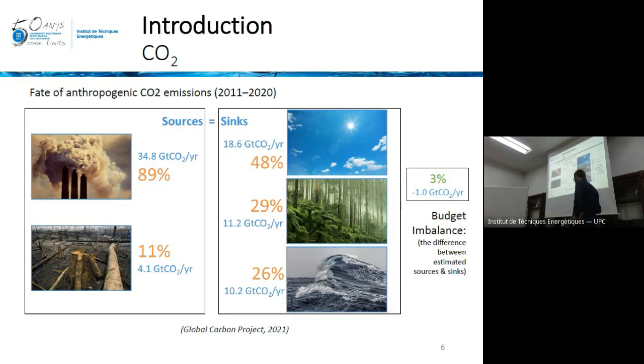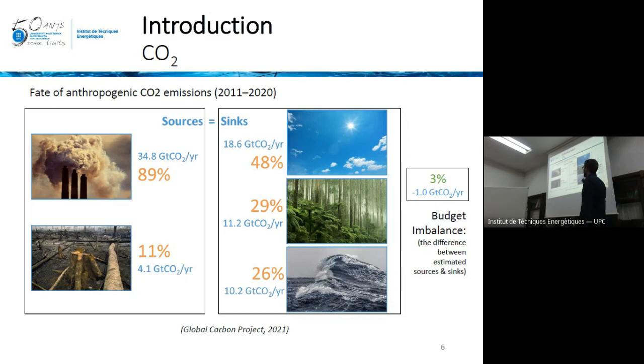Ah, so without anthropogenic emissions, there would be no increase in the atmosphere, so this number should be zero. And all the release from land and ocean will also be absorbed in land.